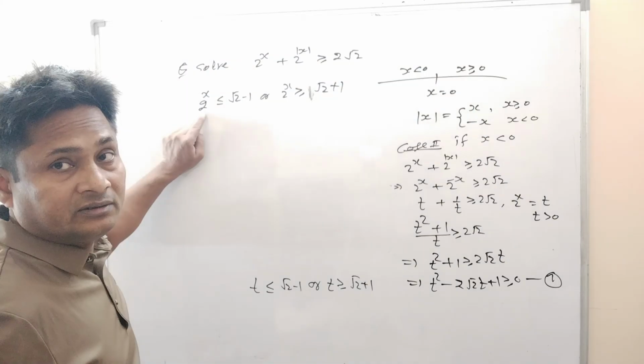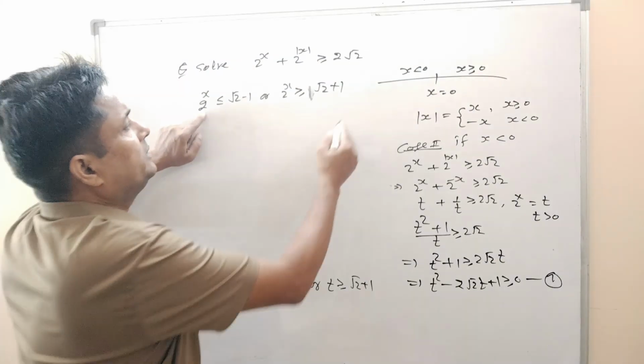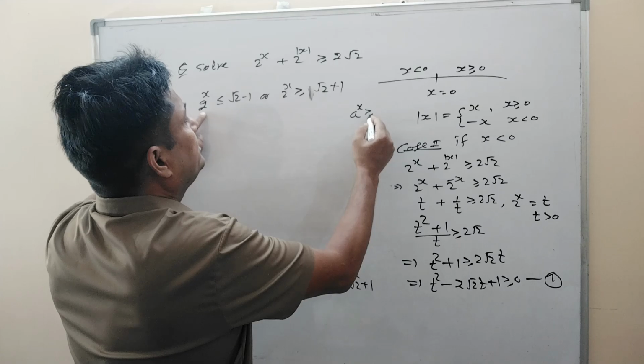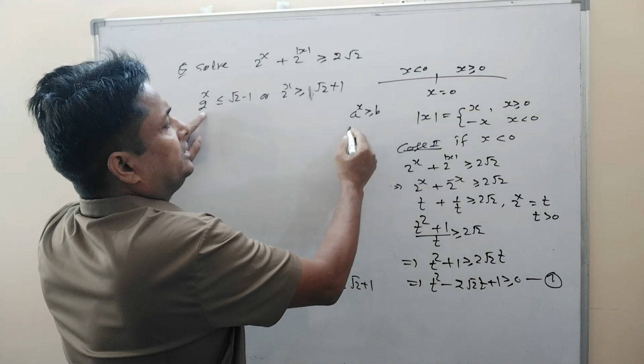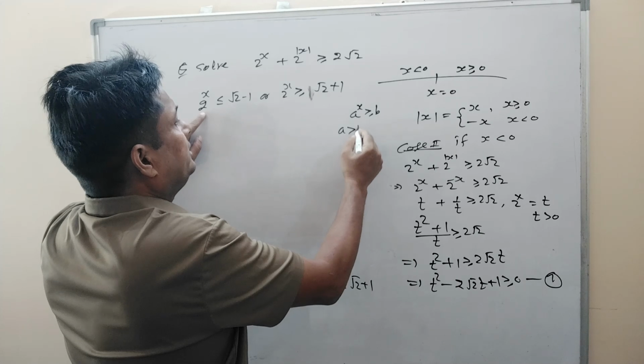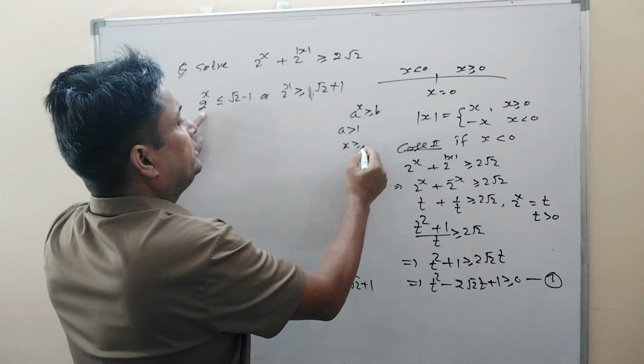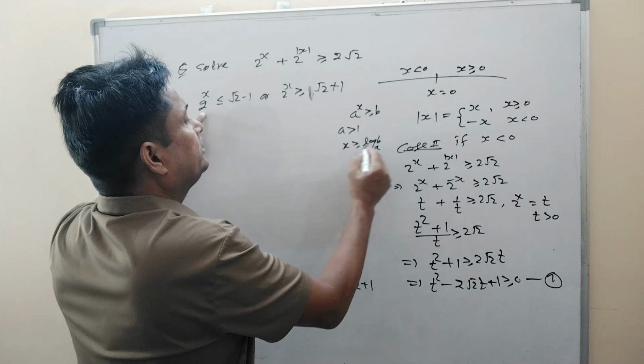Now here the base is 2. I told you this property: a to the power x greater than or equal to b, then if a is greater than 1, x will be greater than or equal to log of b base a.